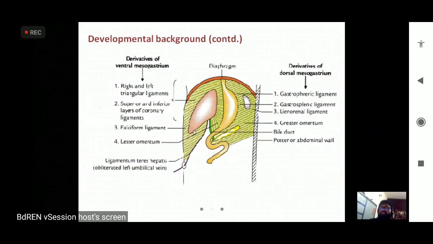The peritoneum gets folded due to the adding of more and more organs. It's not a single organ which is rotating. Many organs are rotating. You can just imagine if we put something in a jacket.